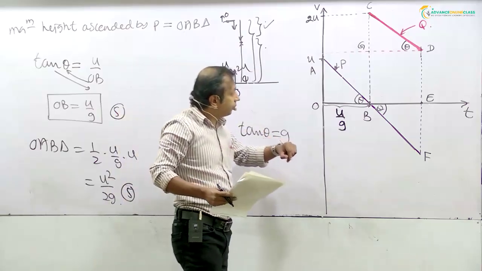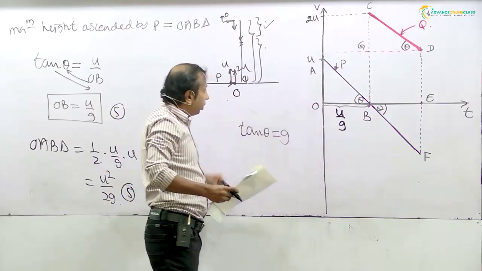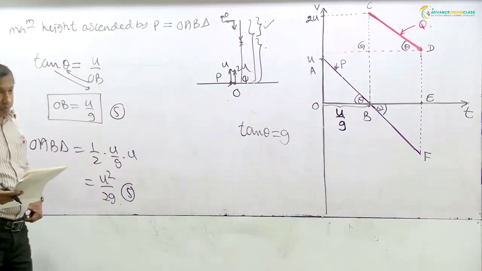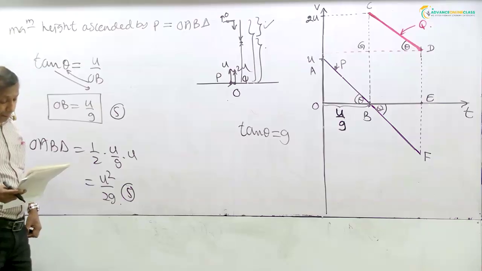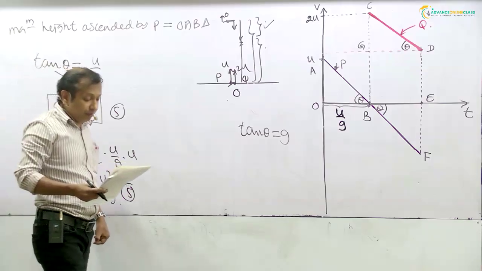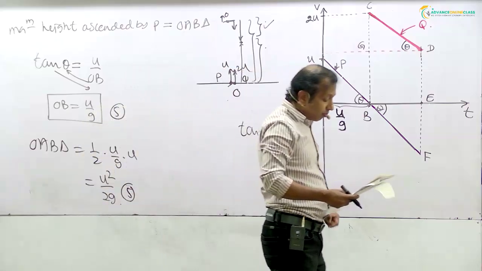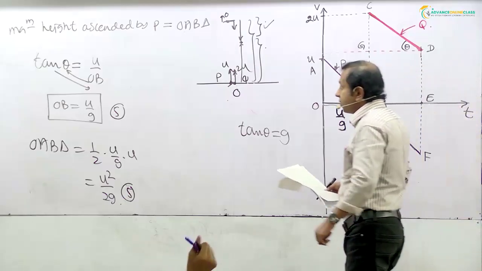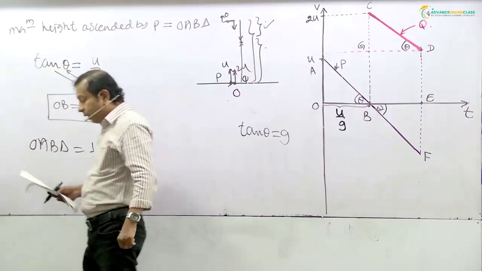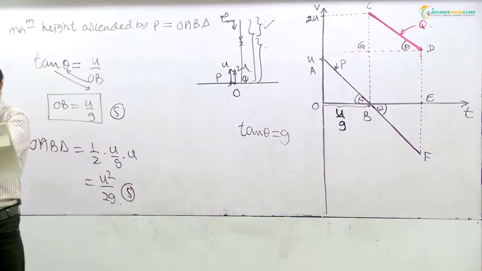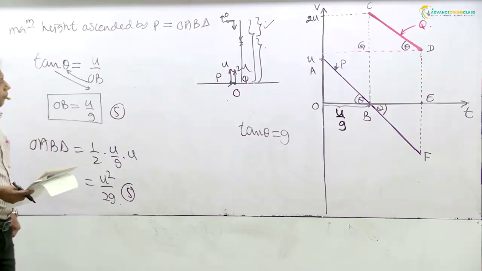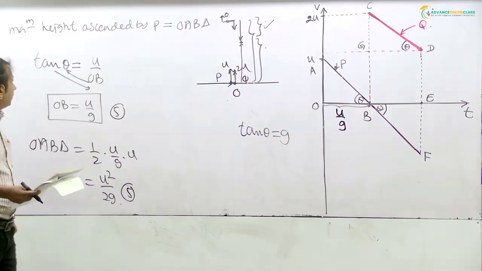Now we can write another line, write down like this. When P and Q meet, the sum of the distances moved by them is equal to the maximum height.